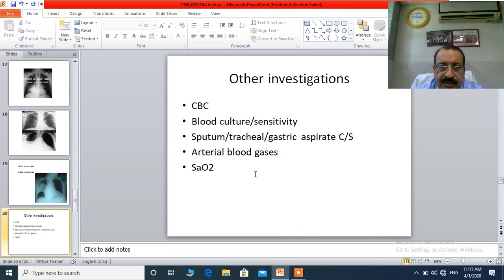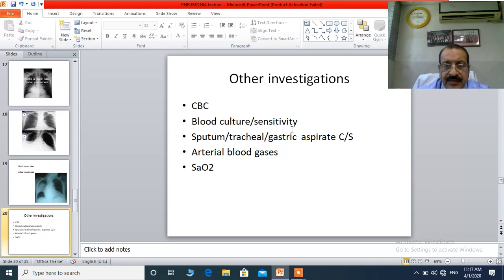The other investigations which can be ordered include a complete blood count. In bacterial pneumonias, you will find a high TLC count, and the neutrophils will be increased.